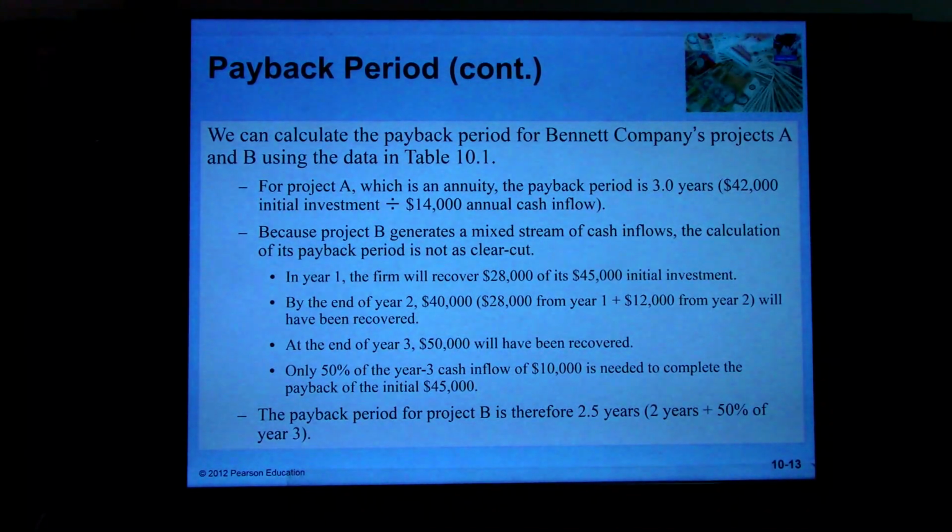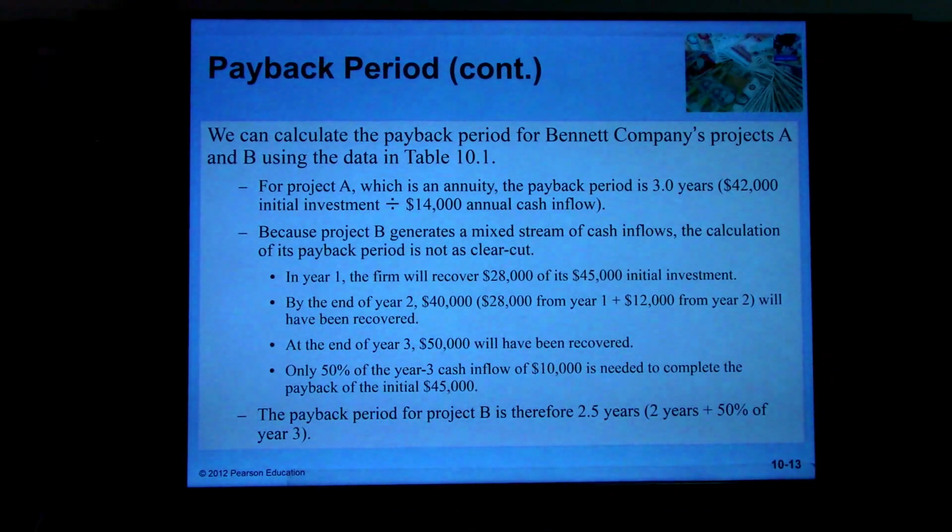However, in some projects the cash inflow is not constant but mixed, such as in project B. In project B, it generates a mixed stream of cash inflows. But how could we calculate the payback period in this case?